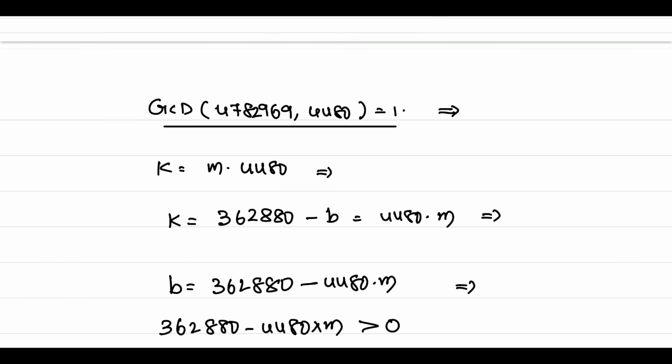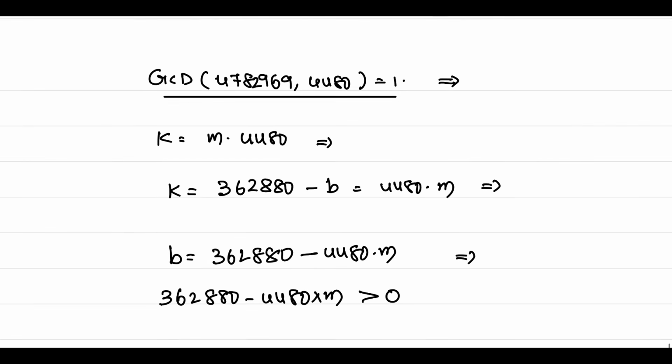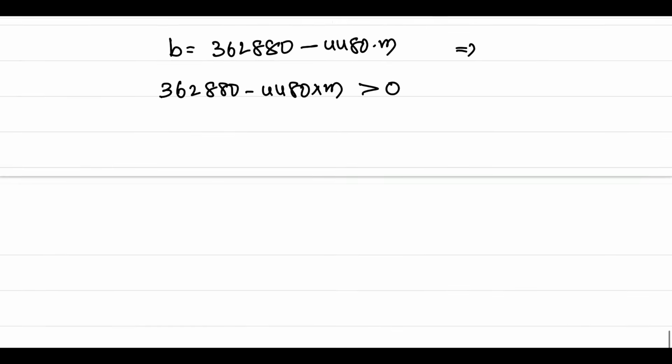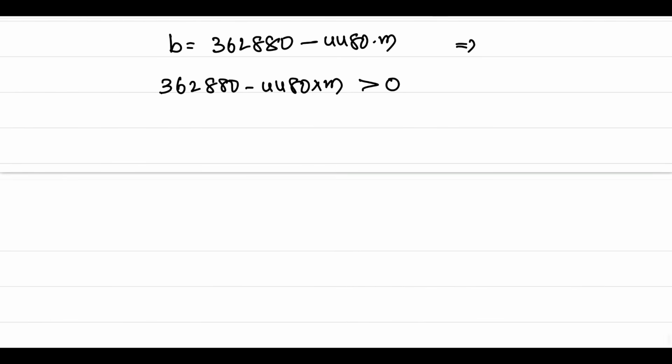Positive integer means 1, 2, 3, 4. From this, we can find out the value of M, which is going to be our number of integers possible.